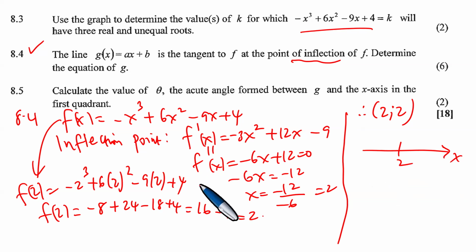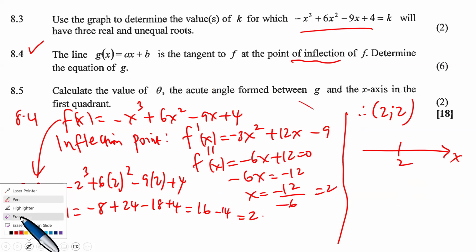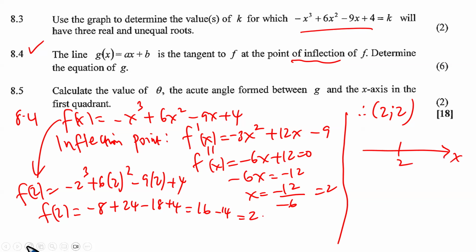You need to analyze if this particular second derivative changes sign. What happens when x is bigger than 2, for example? When x is bigger than 2, you're going to have a minus. When x is smaller than 2, you're going to have a plus. And indeed, there is certainly a sign change.